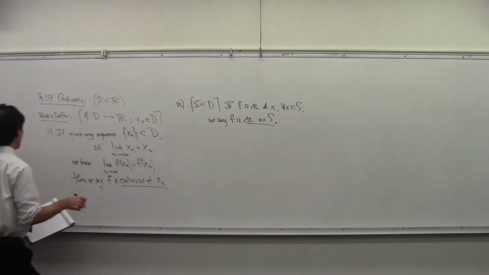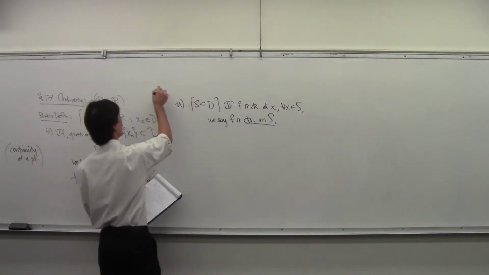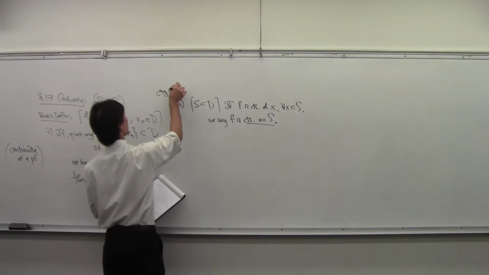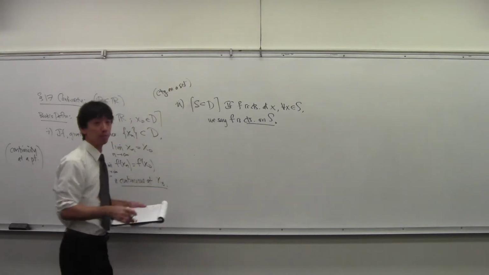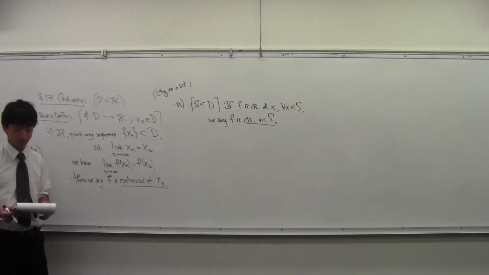So the first definition is continuity at a point. And the second definition is continuity on a set. And of course, being continuous on a set just means you're continuous at every point in that set.